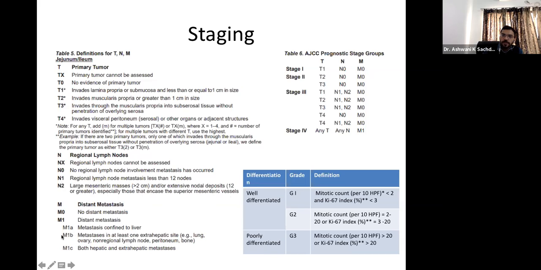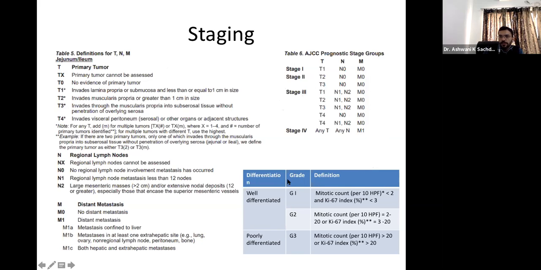M1A is metastasis confined to the liver, M1B is at least one extrahepatic site, and M1C is both hepatic and extrahepatic sites. Similarly, all node positives are considered stage 3, and T4 lesions are also considered stage 3, and metastatic sites are considered stage 4.